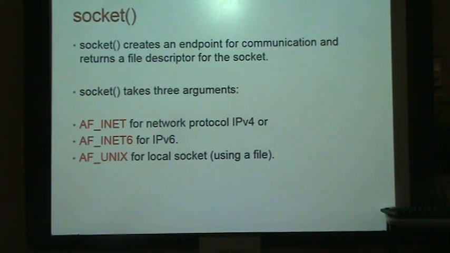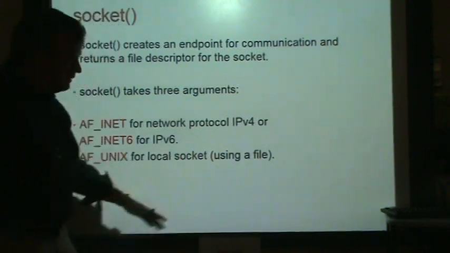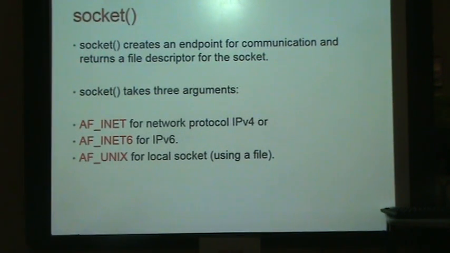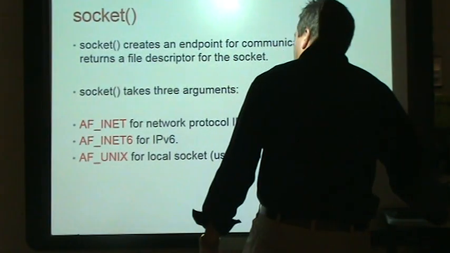So the socket command has three input values, and really what we're doing with the socket, once again, is establishing the type of socket that it is, and we are associating a buffer. Sometimes it's referred to as a file. A file doesn't necessarily mean it's a file on the disk drive. It could be a file in your main memory, and it could be written back and forth between main memory and the disk.